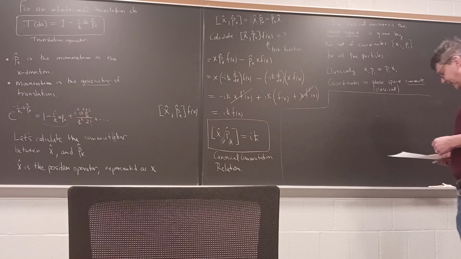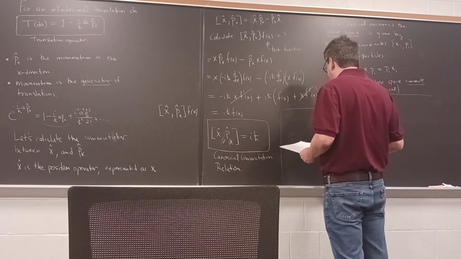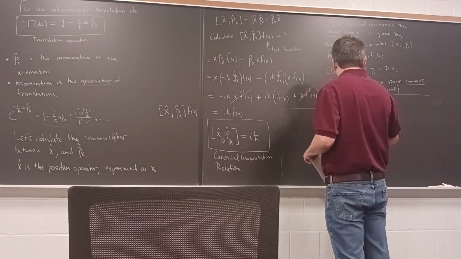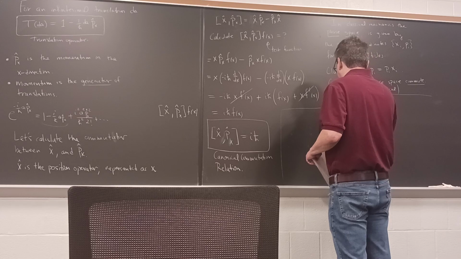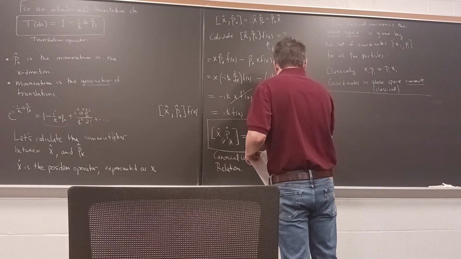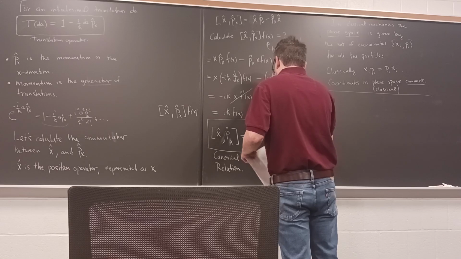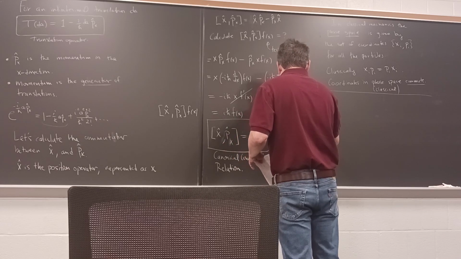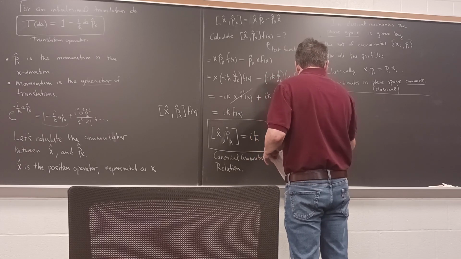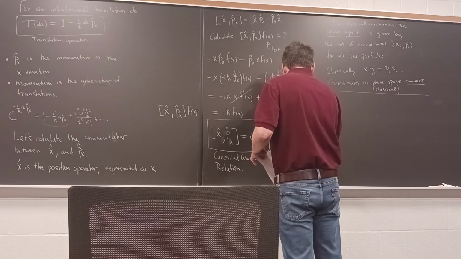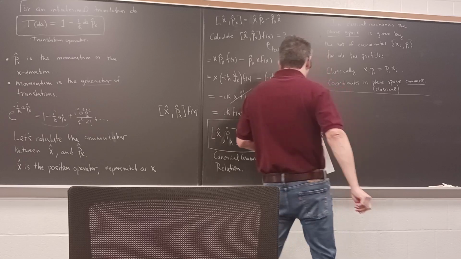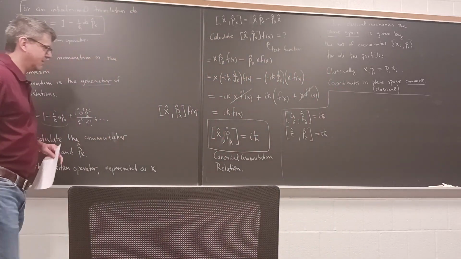Okay, so let's go ahead and calculate the orbital angular momentum. We also have this commutation relation between y and p_y, and z and p_z.